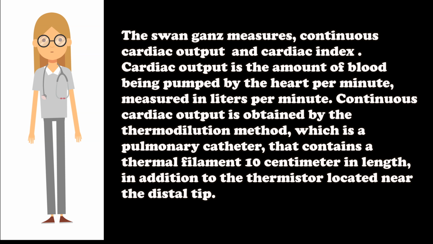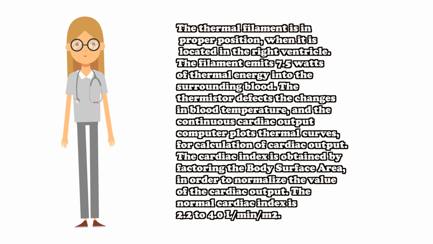Continuous cardiac output is obtained by the thermodilution method, using a pulmonary catheter that contains a thermal filament 10 cm in length, in addition to the thermistor located near the distal tip. The thermal filament is in proper position when it is located in the right ventricle. The filament emits 7.5 watts of thermal energy into the surrounding blood.